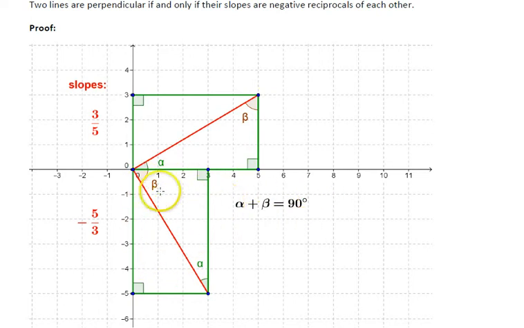This triangle down here, notice that we're dealing with similar triangles here. In fact, not just similar triangles, but actually the same triangles, just in a different orientation. This triangle right here is the same as this triangle right here.